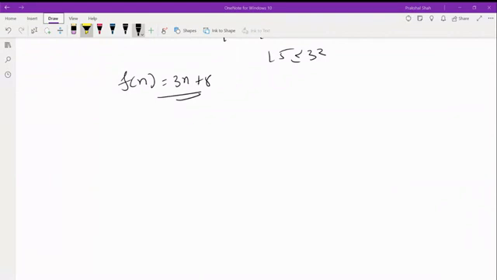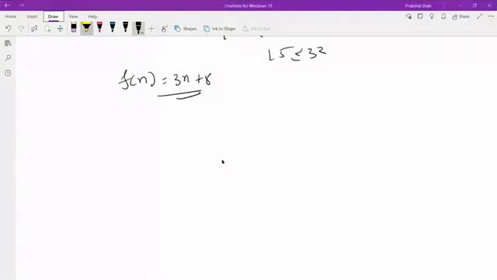Our definition was saying that for f of n you will have order of g of n, where there exist constants n0 and c such that 0 is less than or equal to f of n, which is less than or equal to c into g of n.